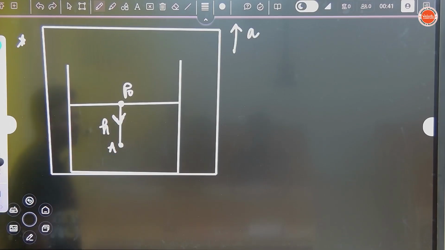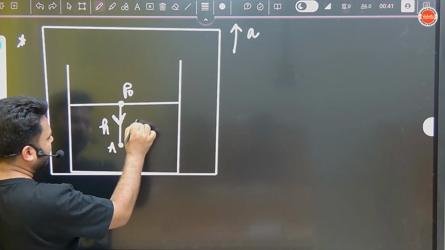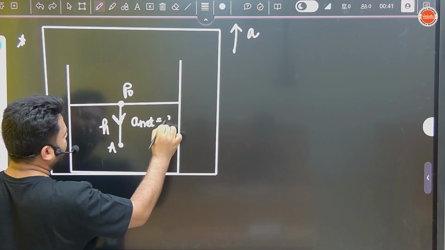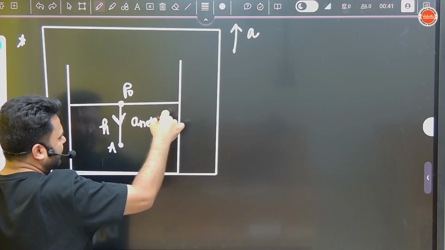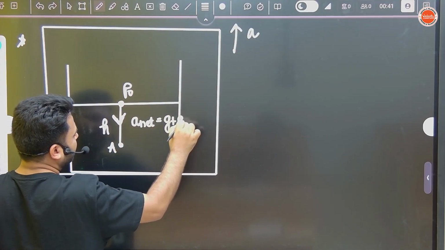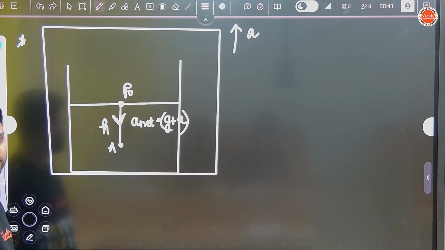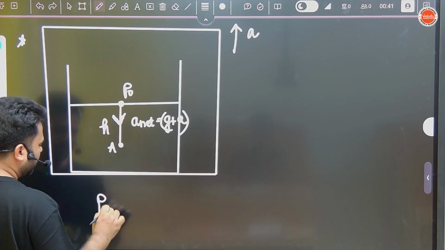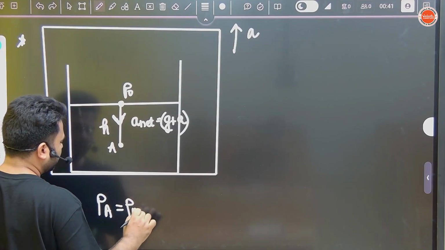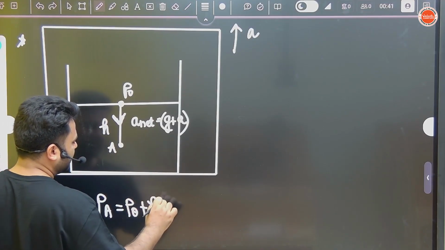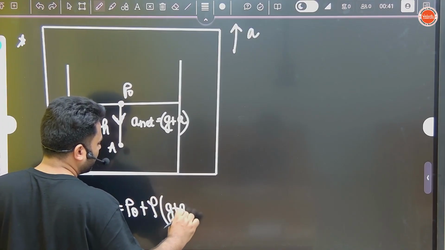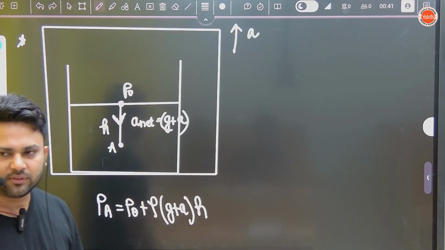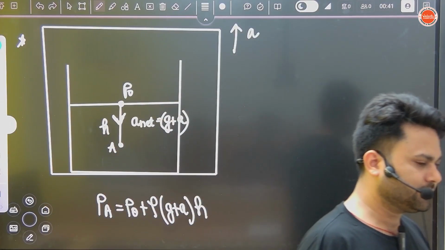Just now I told. Means net acceleration, what is the net acceleration? One is g in the downward direction and one is A in the downward direction. So g plus A. So pressure at point A will be P0 plus rho net acceleration, that is g plus A, into h. These kind of questions they ask.